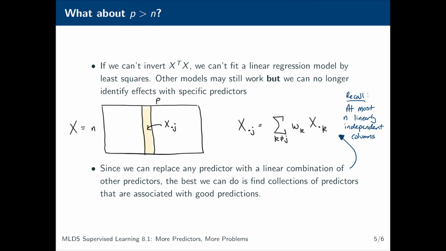All we can hope to do in this case is identify collections of predictors that are associated with good predictions, and then further investigate whether those combinations do well on new datasets. This is like a meta version of the correlation, not causation argument. We can't say that it's this particular predictor that is driving this particular correlation.